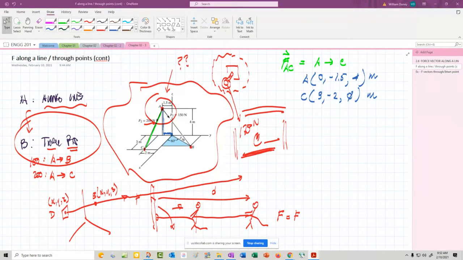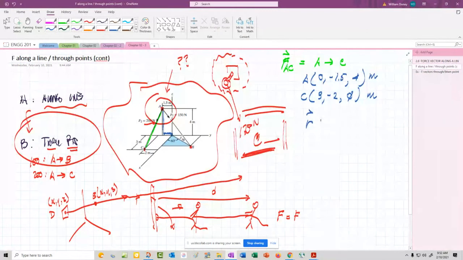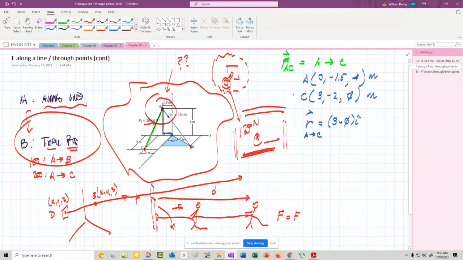All right, so we definitely want to get the coordinates there from A to C. So what do we do next? Well, we're trying to go from A to C. So we want to build the position vector. Remember, that's the R. Position begins with P. Position vector from A to C. So we want to take the C coordinate and subtract the A coordinate from it. So for the X or the I direction, we're going to have 3 minus 0 I, right?